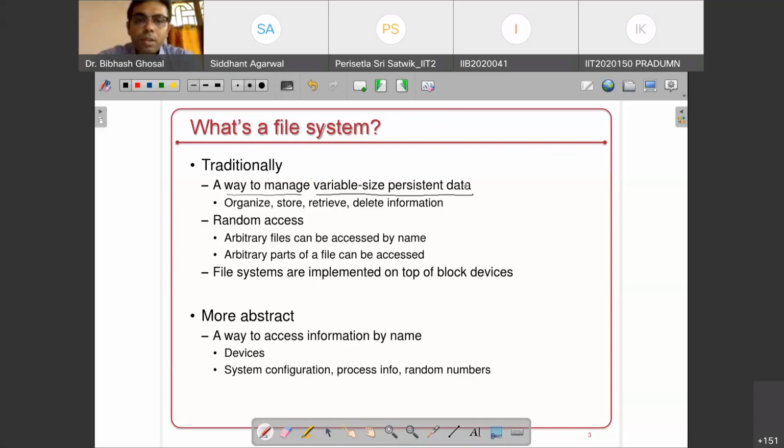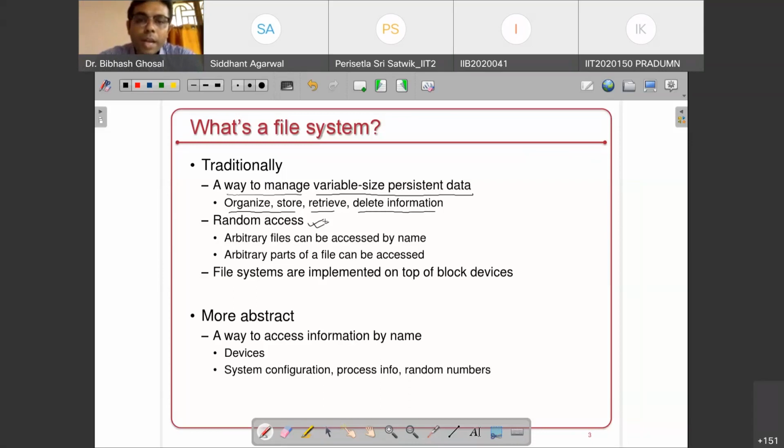So there is a way to organize, store, retrieve, and delete this information. This is what we mean by operation. How are you going to store the data? How are you going to obtain the data? How are you going to delete some data? And for that, you have these mechanisms.